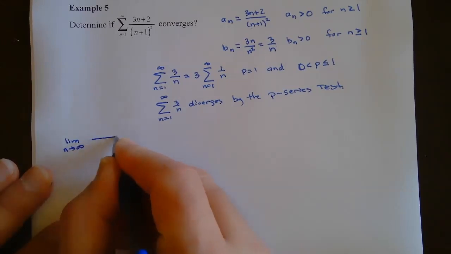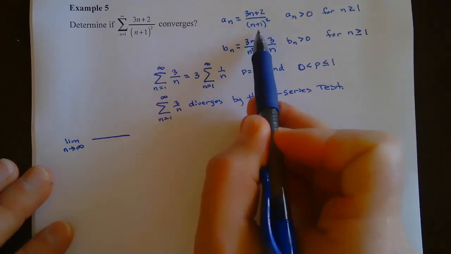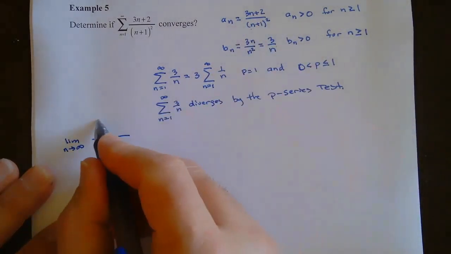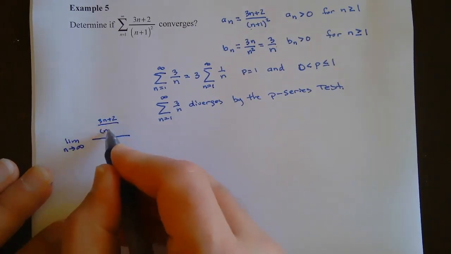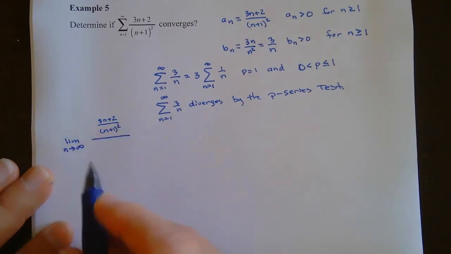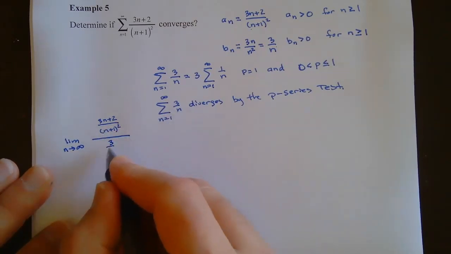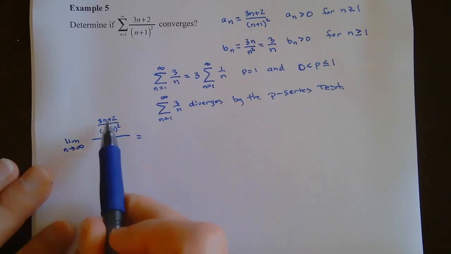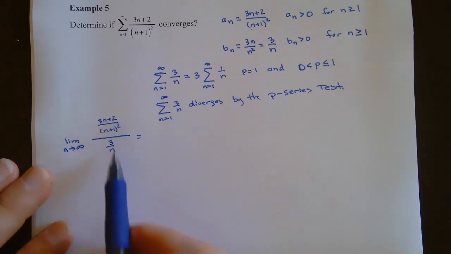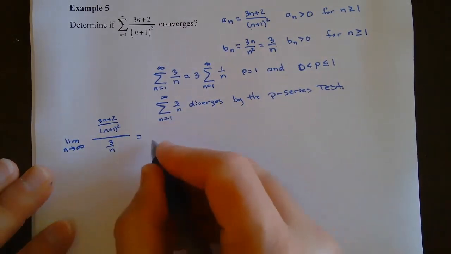Here's my main fraction bar. a sub n is (3n plus 2) over (n plus 1) squared. And my b sub n is 3 over n. Because we're doing a ratio of two fractions, we could write this as a multiplication problem. It's kind of like the ratio test.